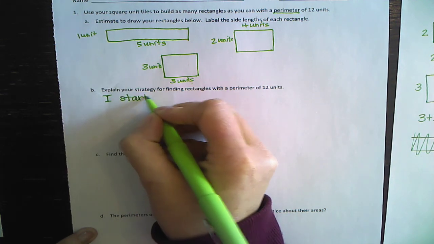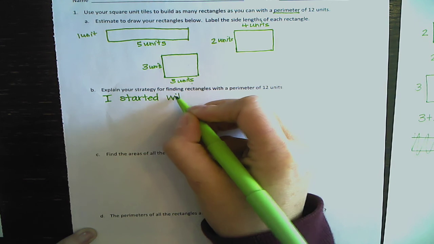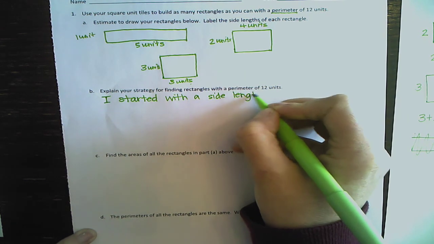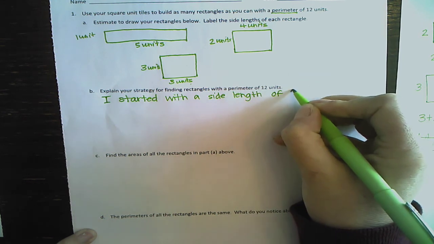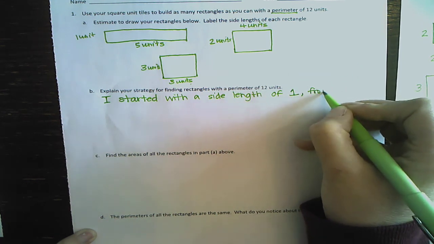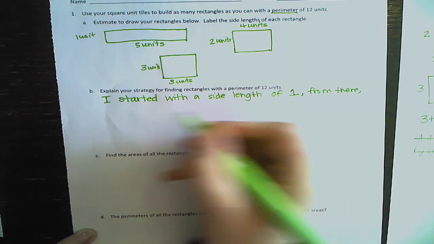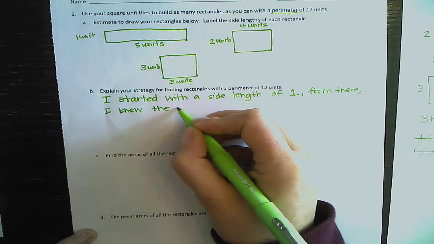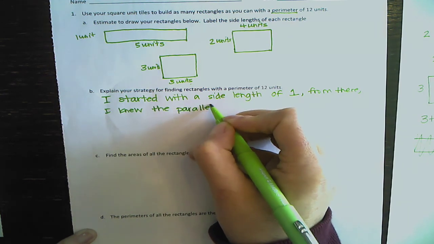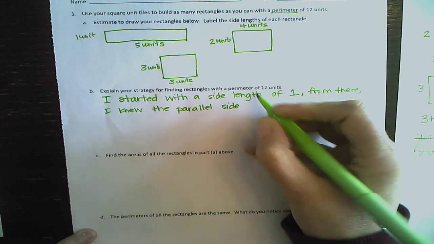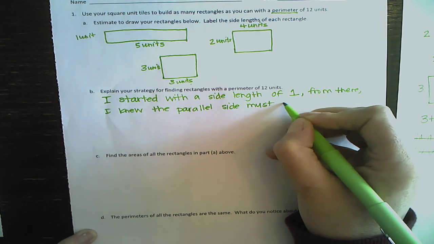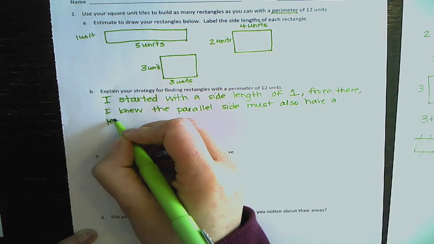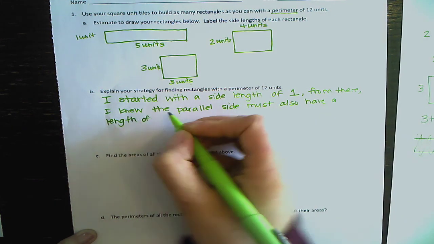I started with a side length of 1. From there, I knew the parallel side must also have a length of 1.